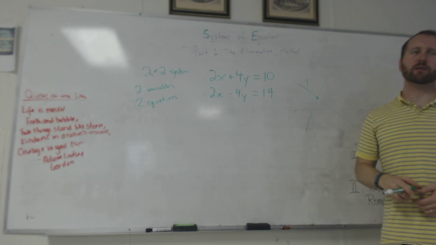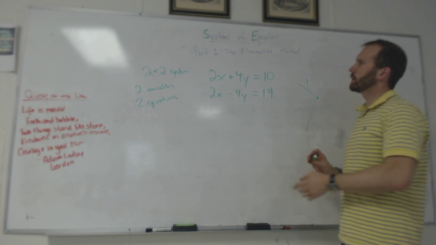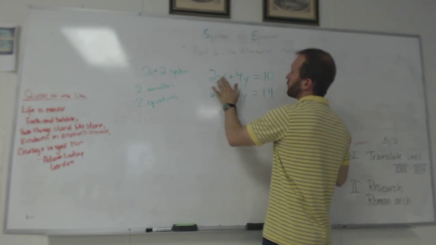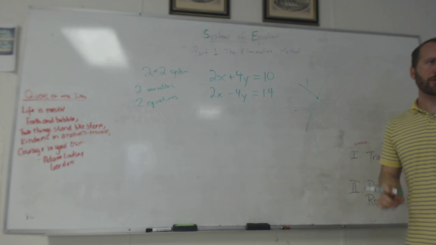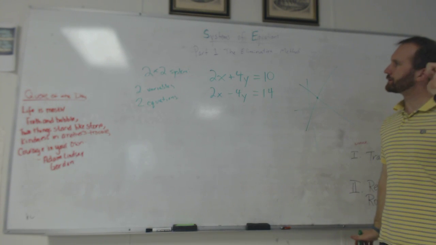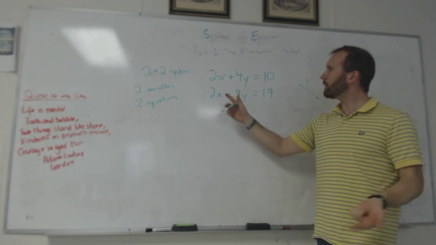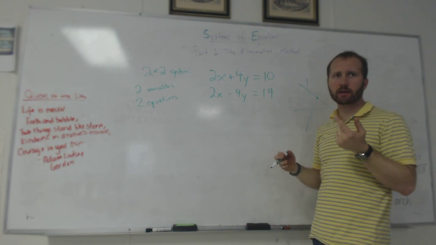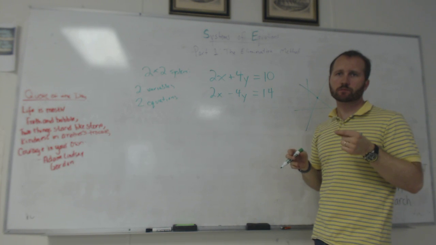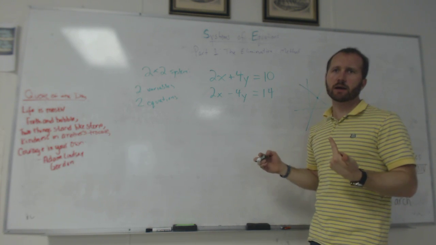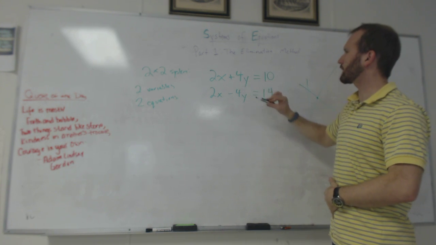Or maybe it's the other way around. Two equations and two variables. I don't know. 2x2 system. What are our two variables here? X and y. Yeah. They have coefficients on them, but we're not going to let that confuse us. X and y are our variables, and here's the first equation, here's the second equation.